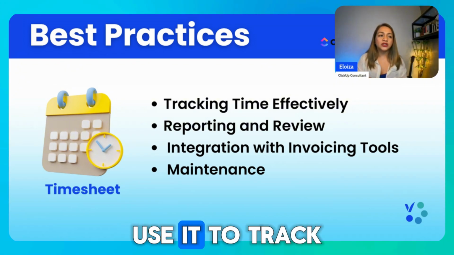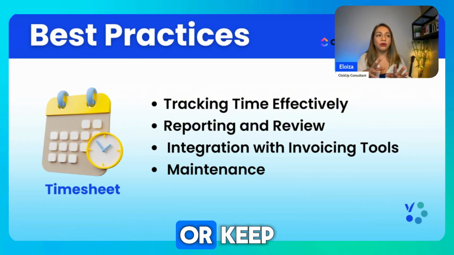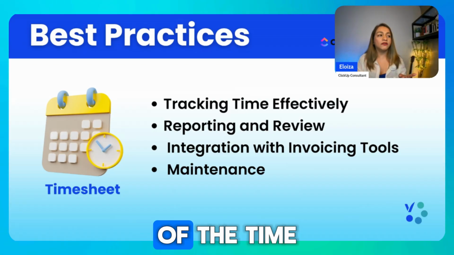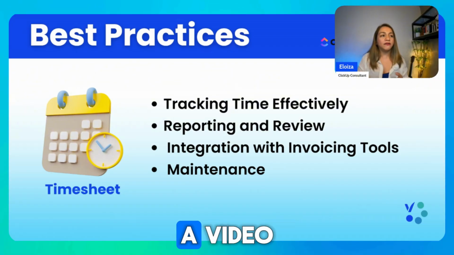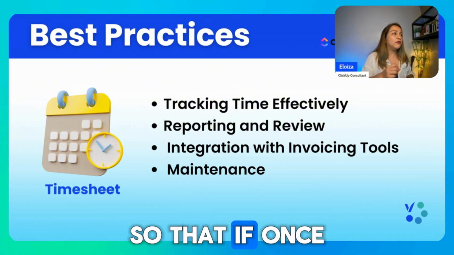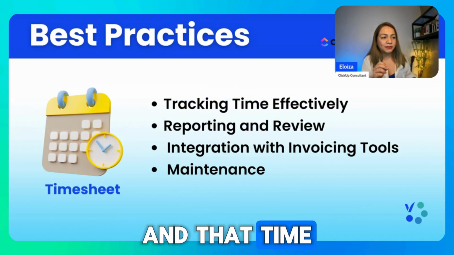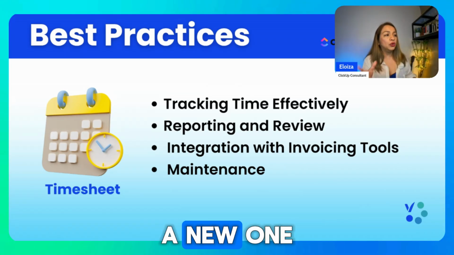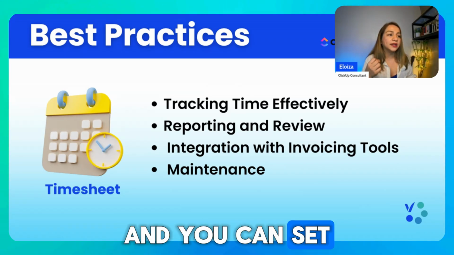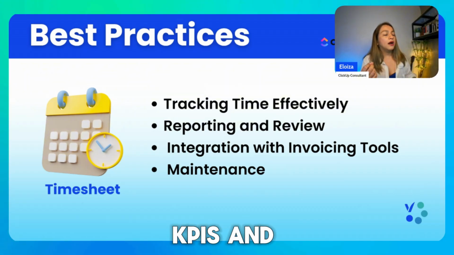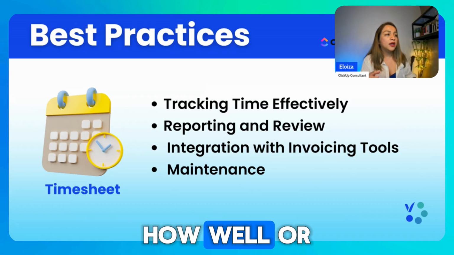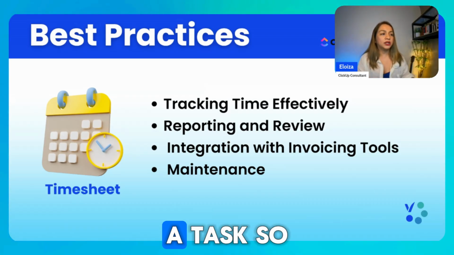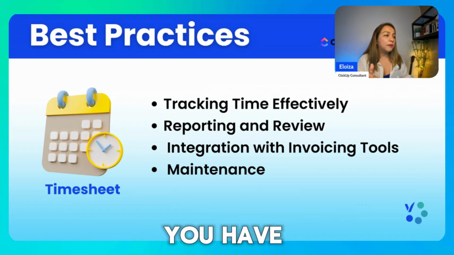Use it to keep track of the time you spend creating a blog or editing a video, so that once you have that estimate and time standard, when you hire a new one, you know what to expect, and you can set KPIs. That could be their scorecard and how efficiently they can execute a task. So at least you have a baseline.